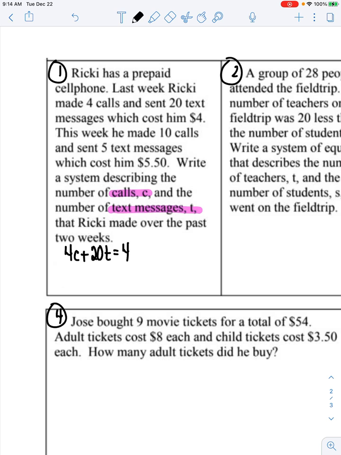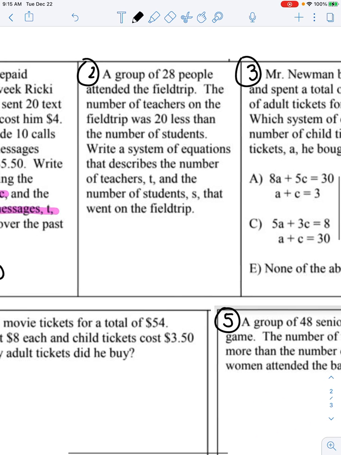See how it kind of looks like standard form? Now let's find the next relationship. This week he made 10 calls and he sent 5 text messages and it cost him $5.50. So that is how you write a system of equations. I'm not going to solve these, so right now we just want to practice writing these systems.